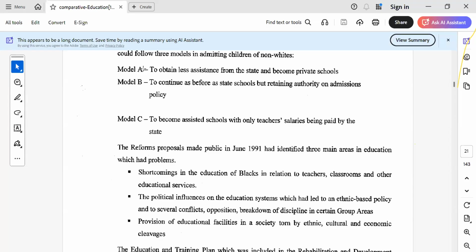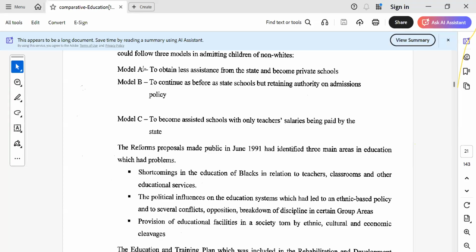So the reform proposals made public in June 1991 had identified 3 main areas in education which had problems. First, shortcomings in the education of blacks in relation to teachers, classrooms, and other educational services.